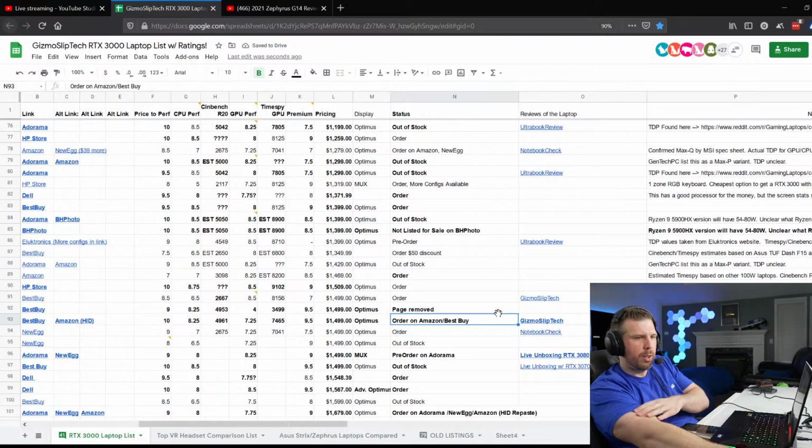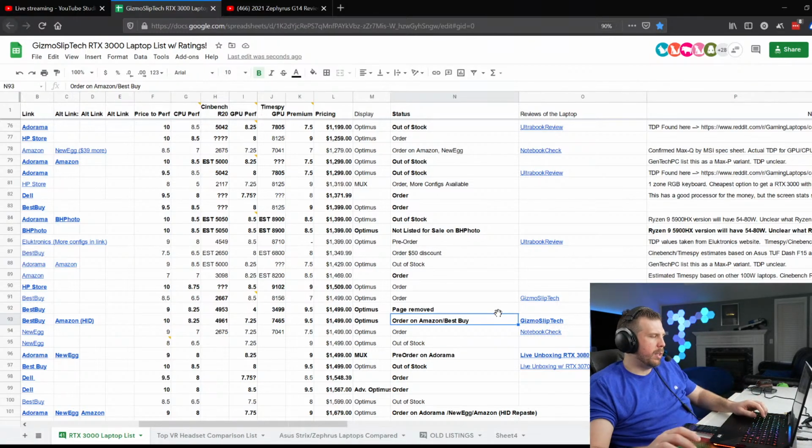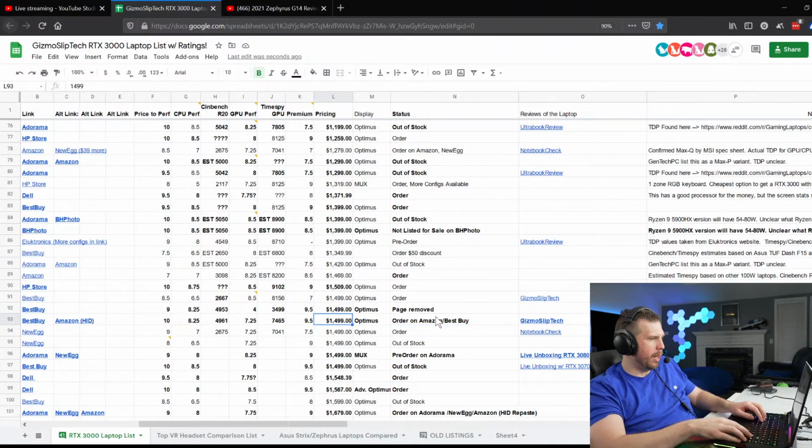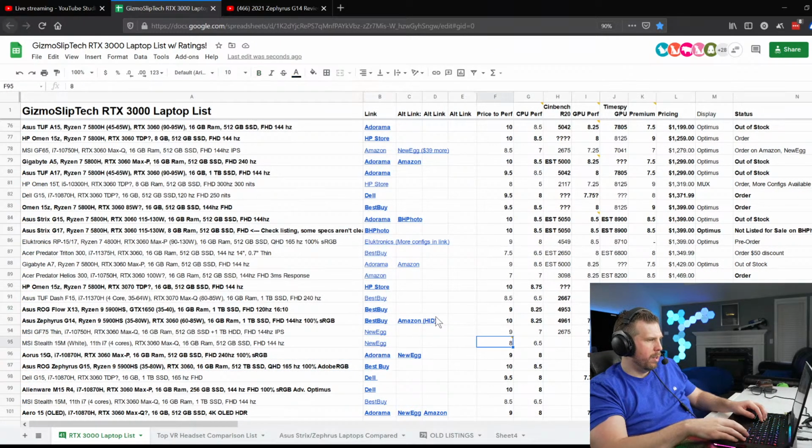I'm hoping next year or in the future we see Thunderbolt 4 support on AMD laptops. Yeah, I think we'll see that, because Thunderbolt 4 is not an Intel specific technology. Or I think what we'll see is USB.